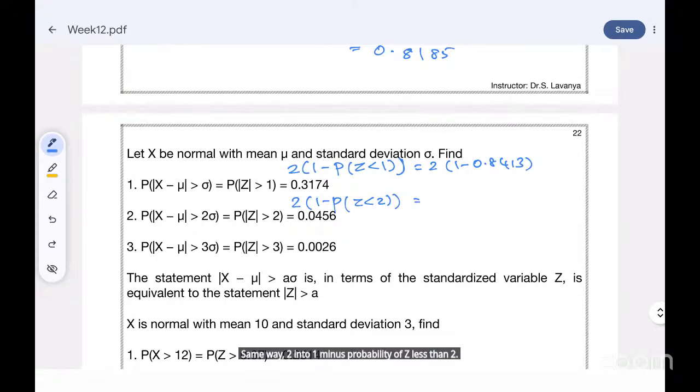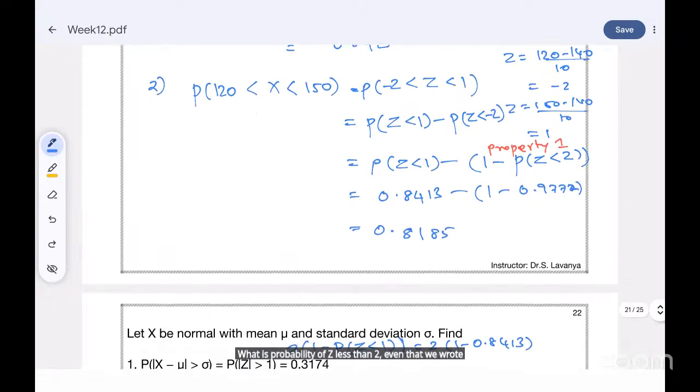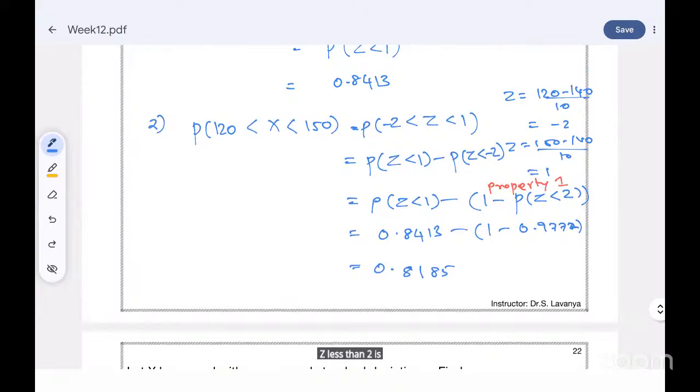What is the probability of Z less than 2? Even that we wrote just now, right? Z less than 2 is 0.9772.